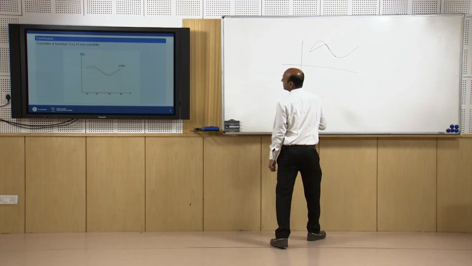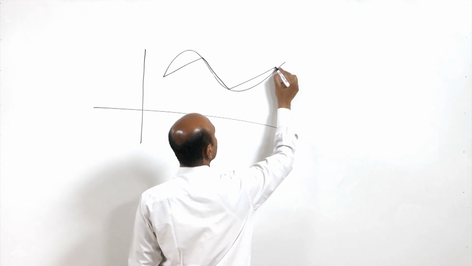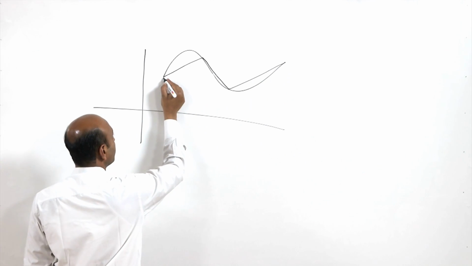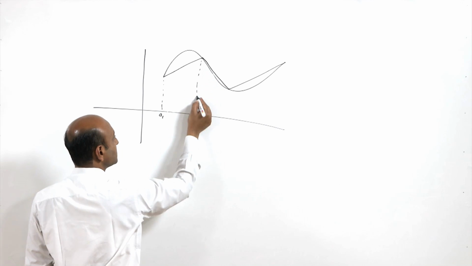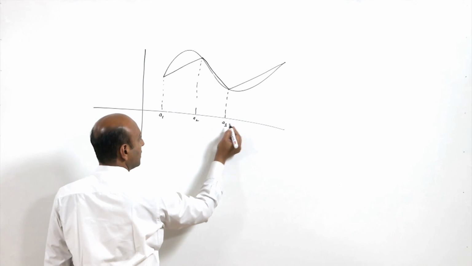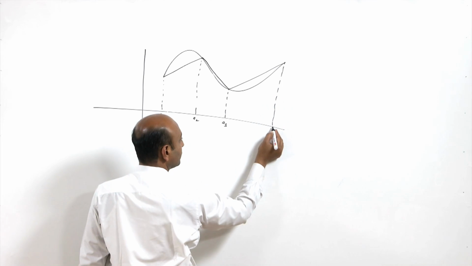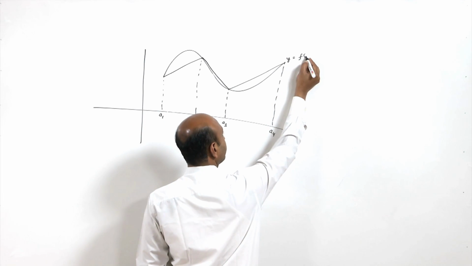How many grid points are there? We have 4 grid points. Suppose this is a linear approximation. So, this is A1, this is A2, this is A3, and this is A4, and this is y equals fx.